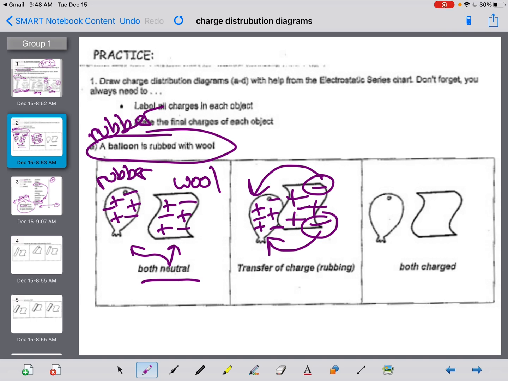This is going to be pretty crowded here. We should end up having only 1 negative on the wool, and then just imagine 1, 2, 3, 4, 5. We have 2 extra negatives on the balloon. So the resulting charge is that the balloon is negative and the wool is positive.